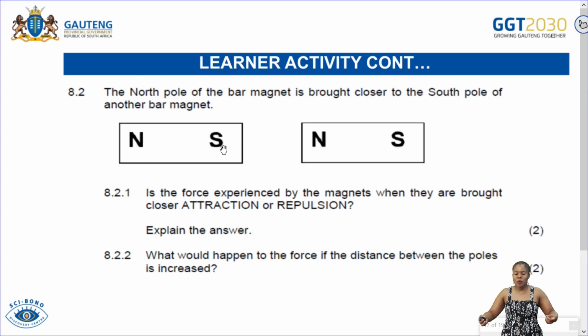But as we move them closer towards one another, the magnetic field strength increases, because now the magnetic field lines of one magnet are interacting with the magnetic field lines of the other magnet. So that is how simple it is to answer these questions.